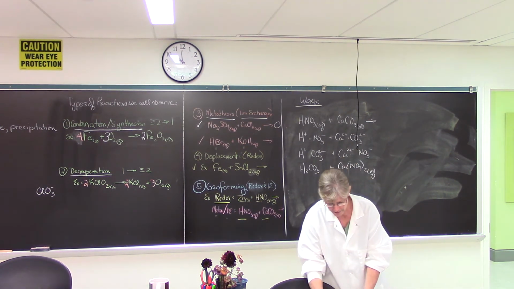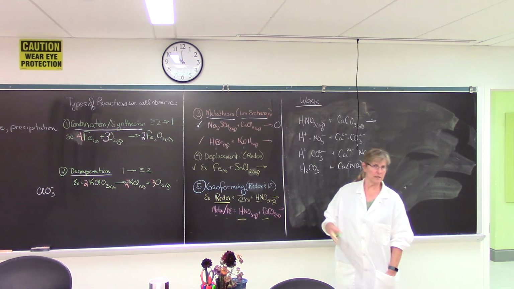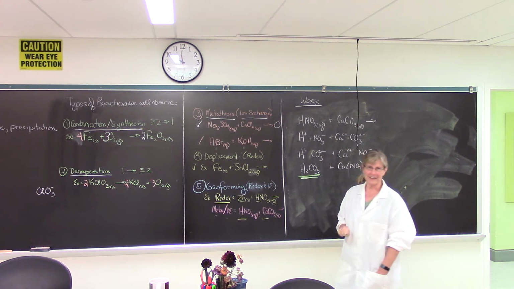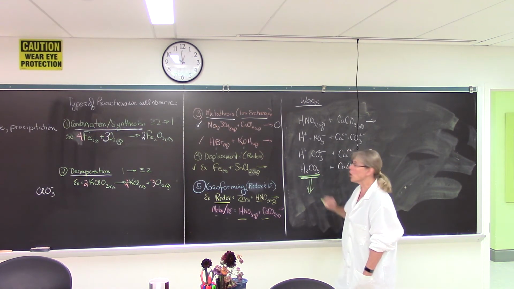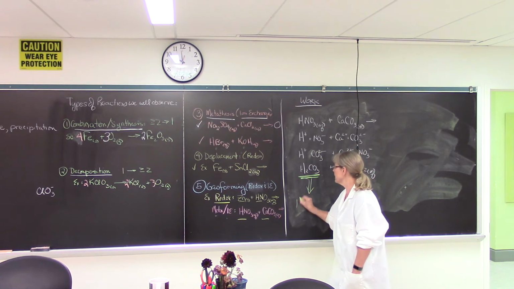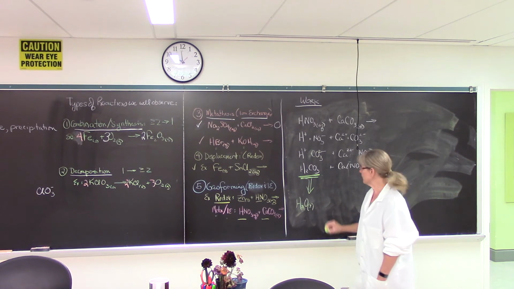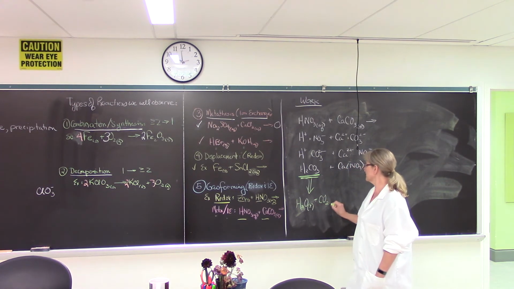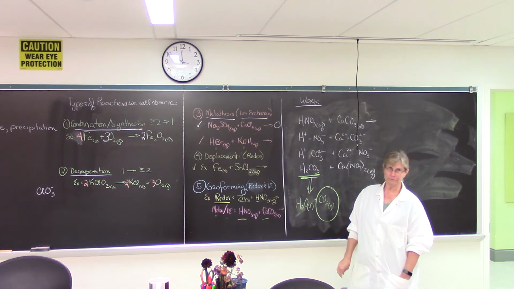Uh-oh, carbonates. Well, if you look at your solubility table, it says most carbonates are precipitates. They are not soluble. They're not talking about this. This is an acid. And the thing about this acid, this is carbonic acid, it breaks down very quickly at room temperature and atmospheric pressure to water and carbon dioxide gas. Hey, there's the gas forming.